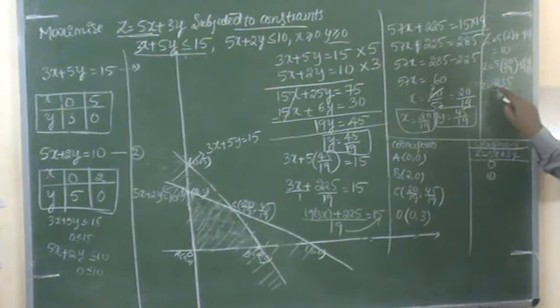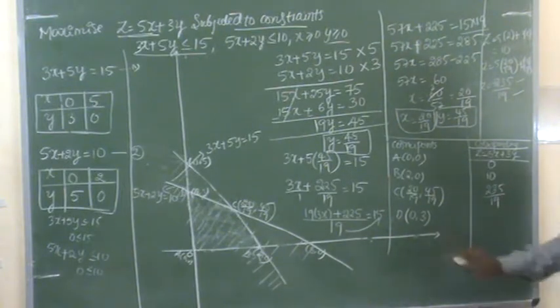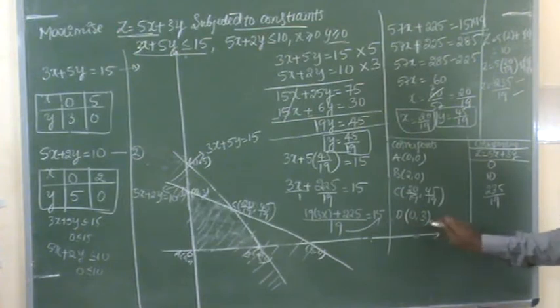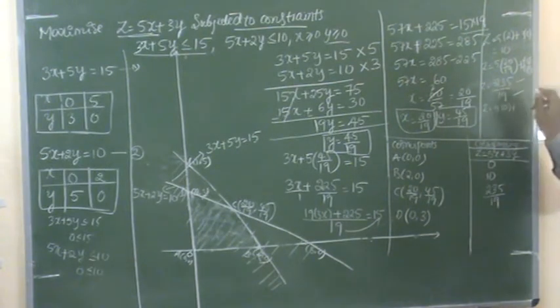For D, 0, 3, Z is equal to 5 into 0 plus 3 into 3, that is 9.